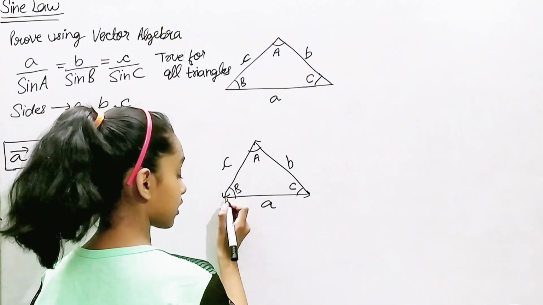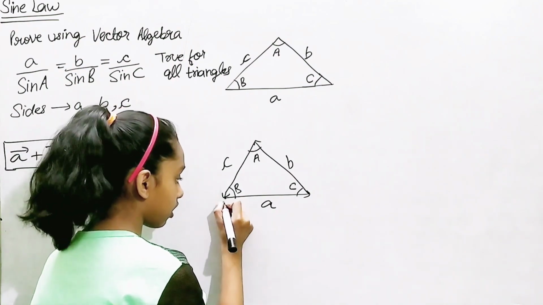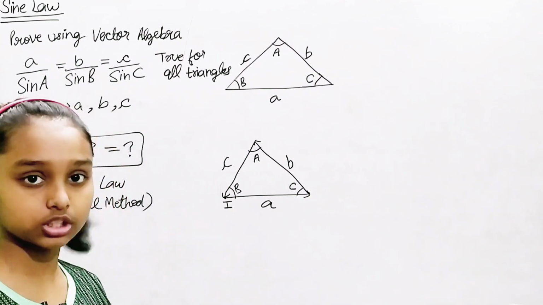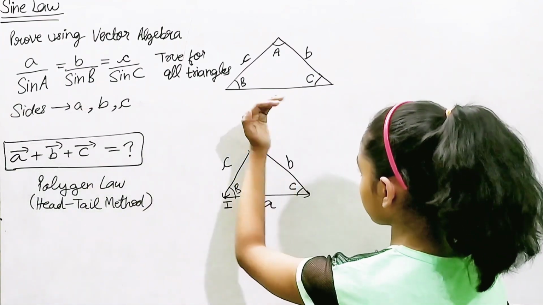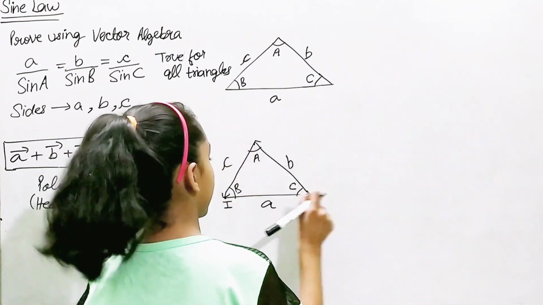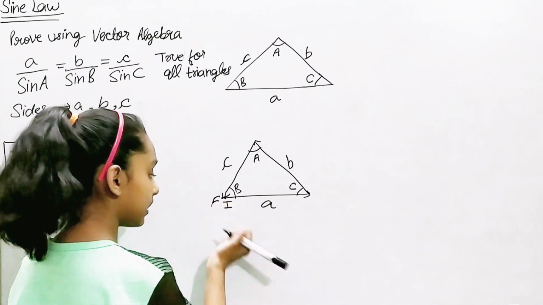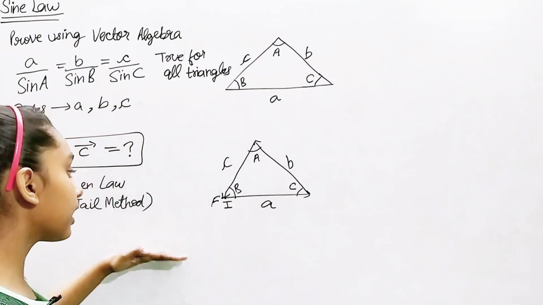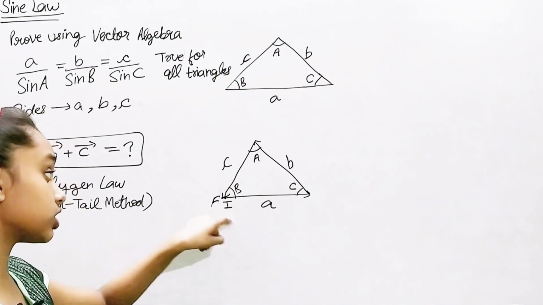So this is vector A, and I can say that this point is our initial position. What will be our final position? Let us see. I'm continuing A to B to C. So this is also our final position, which means the point from which we started is both our initial position and final position.